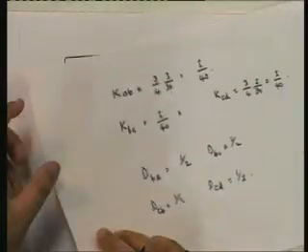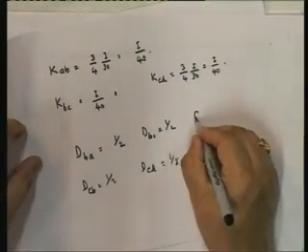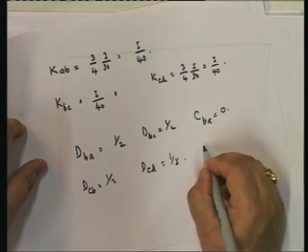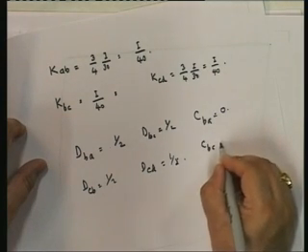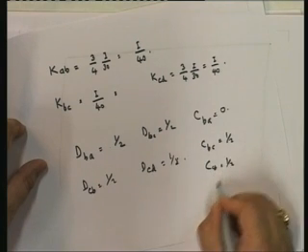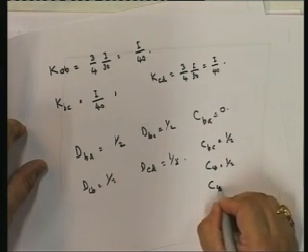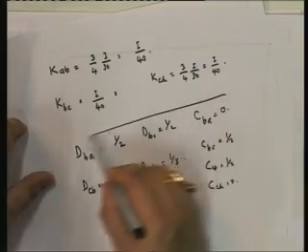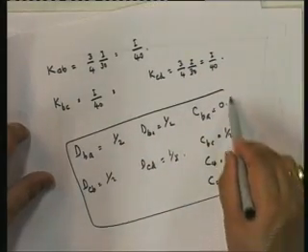Note that carryover BA is equal to 0, carryover BC is half, carryover CB is half, carryover CD is 0, everything else is automatically 0.